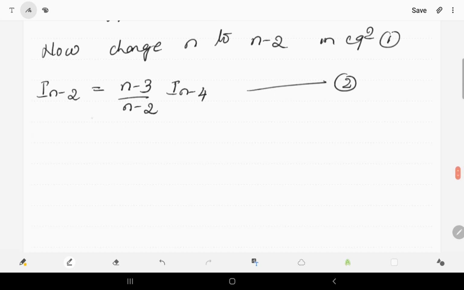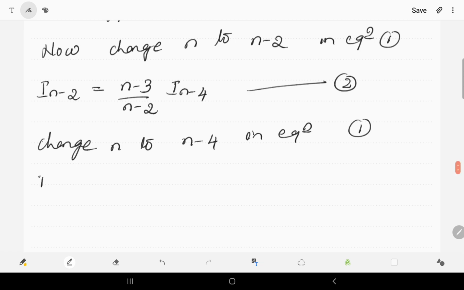Similarly, change n to n minus 4 in equation 1, it becomes I_n minus 4 is equal to n minus 5 by n minus 4 I_n minus 6.